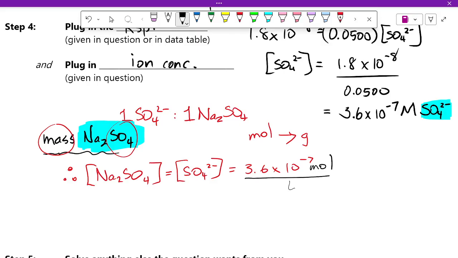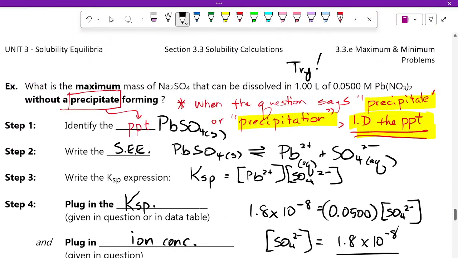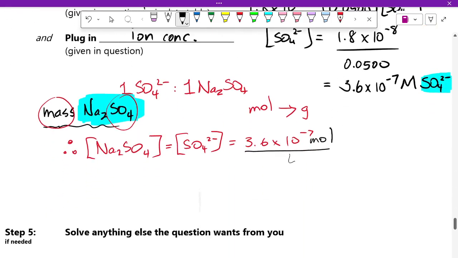How would we get to moles if we have moles per liter? We need to cancel the liters. Do we have liters? Yeah. Oh my goodness, we do. How lovely. Okay.